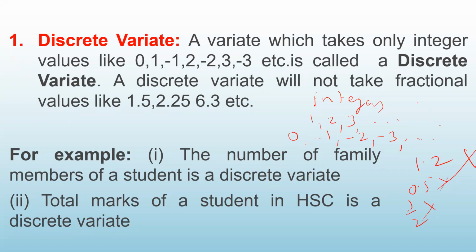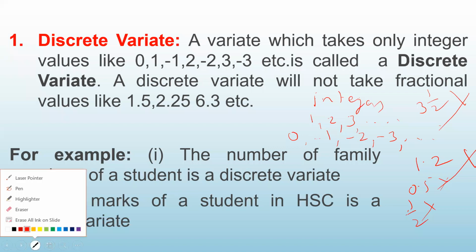Or 3 whole and 1/2, that is 3.5. These are also not integers, so they will not be called discrete variate. In simple language, discrete variate means a variate which can take values which are whole numbers, not fractions. 0 भी ले सकता है, minus भी ले सकता है, लेकिन it should be a whole number. It should not be a fraction.